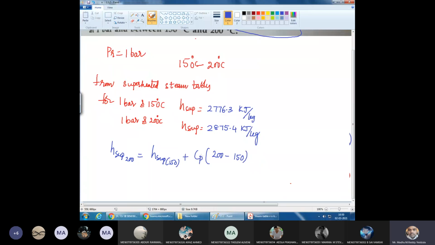So this Cp is called the mean specific heat of the steam, Cps. Therefore, Cps equals enthalpy at 200 minus enthalpy at 150, divided by 200 minus 150. Calculate this value. Open the calculator.